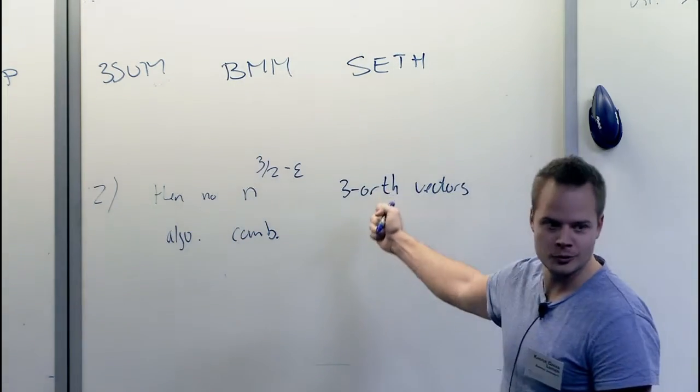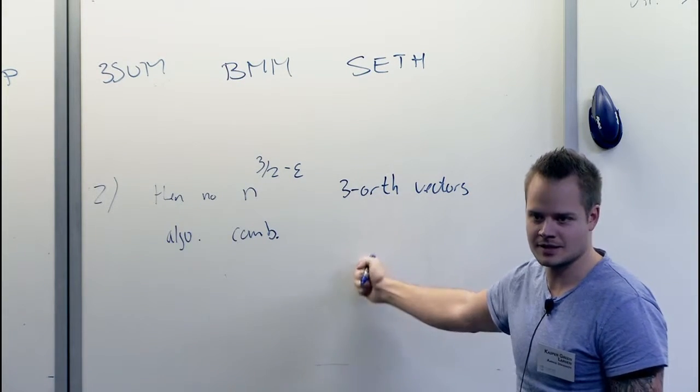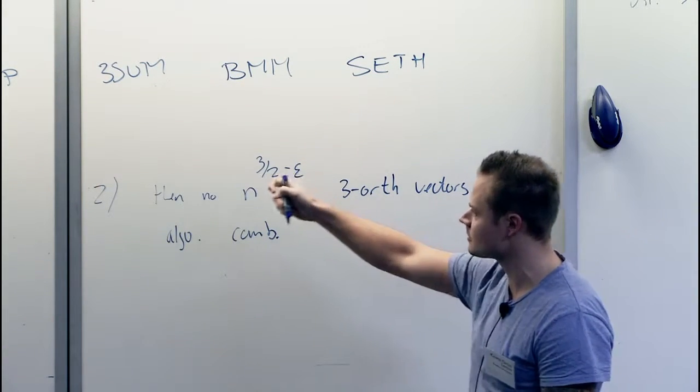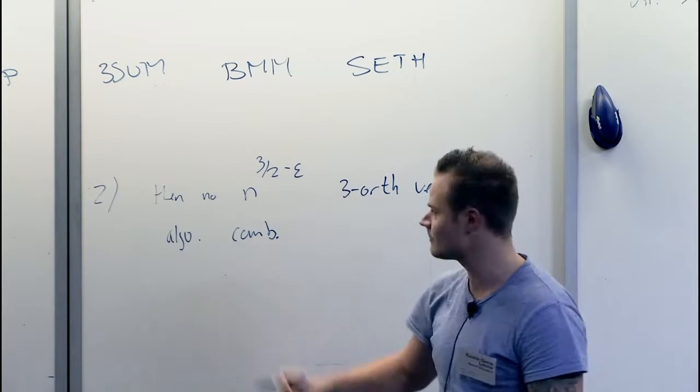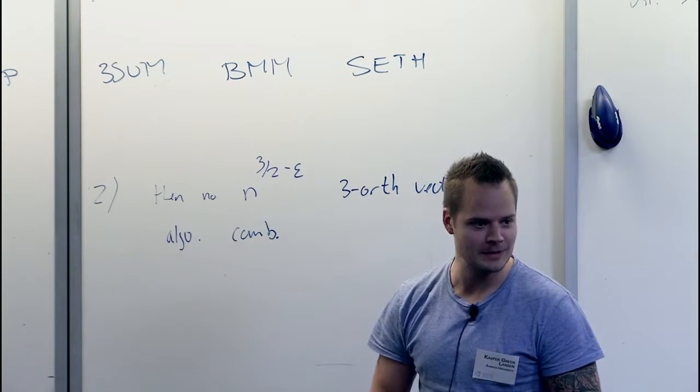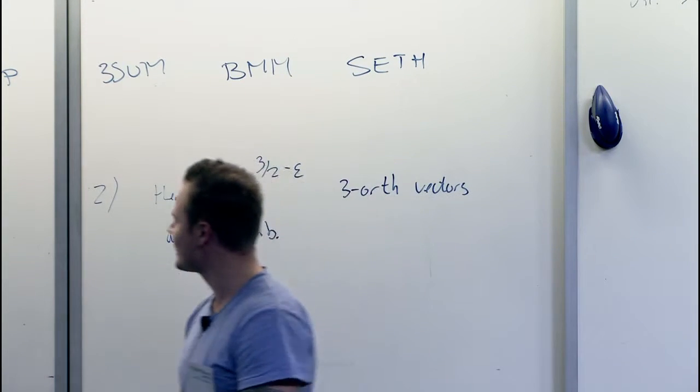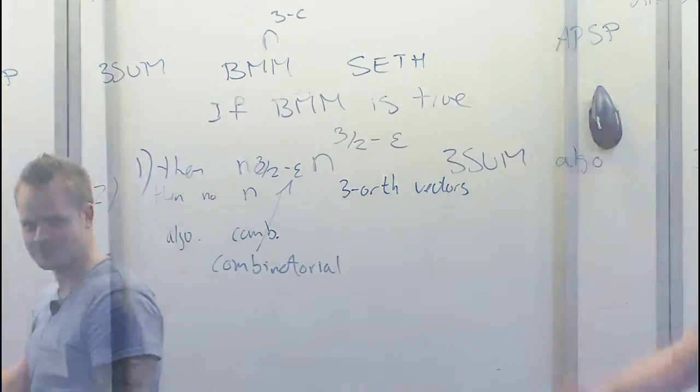This problem has an n cubed conjectured complexity. So this is not as interesting as the other one, but at least it shows some connection. I'll try to convince you about that, and myself, and I'll start with the first one.